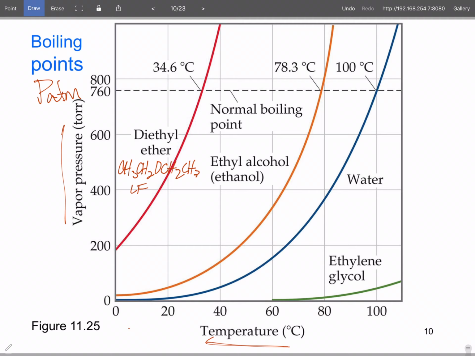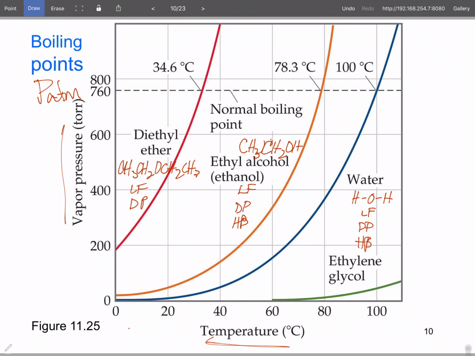This has London forces and dipole. Ethyl alcohol is CH3CH2OH. This one has London forces, dipole, and a hydrogen bond. Whereas water has London forces, dipole, and 2 hydrogen bonds.